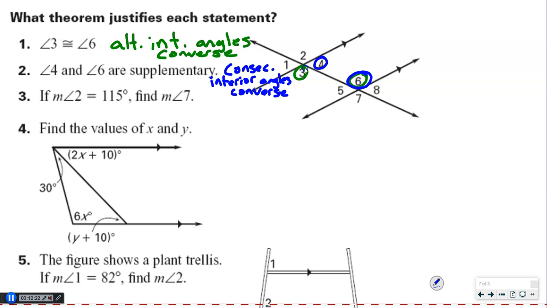We see that those angles are supplementary, therefore those lines would be parallel.